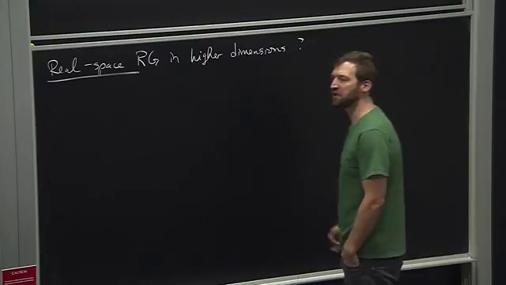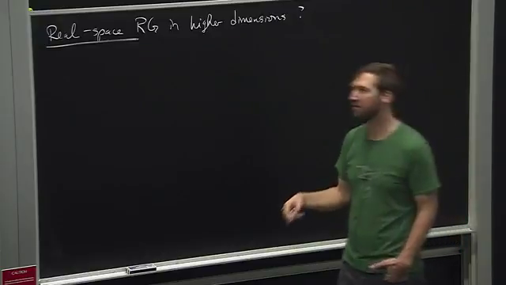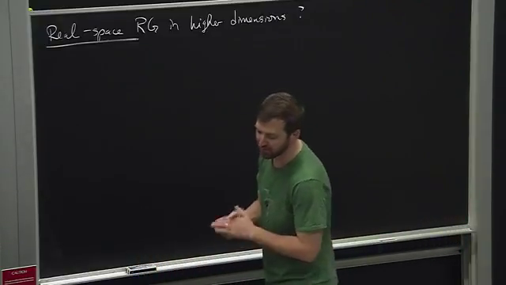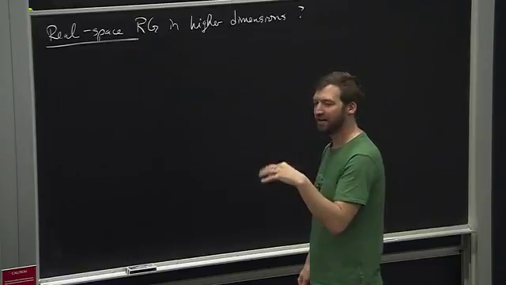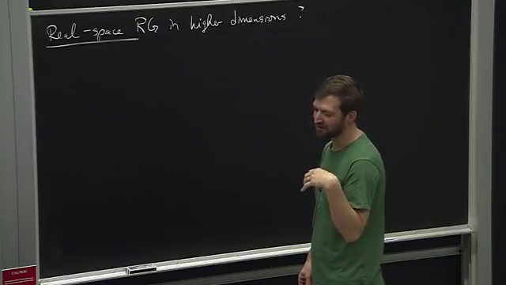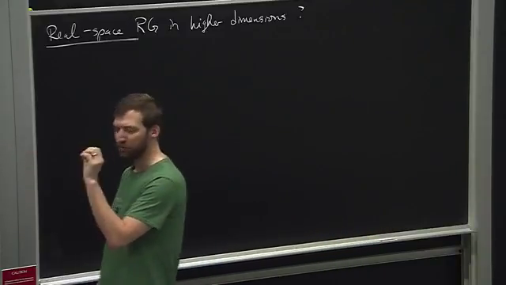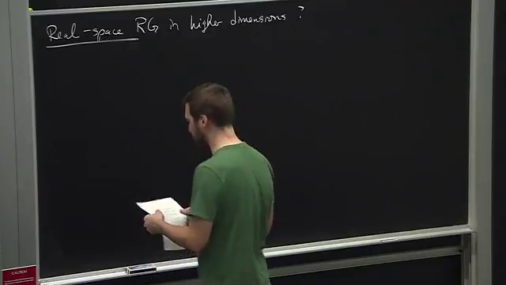So let's imagine doing the same procedure, but instead of a 1D Hamiltonian, let's think of a 2D Hamiltonian. I could try it, but let me just tell you what happens. It doesn't work. These block decimation pictures in real space, there's a reason why they don't work in higher dimensions.